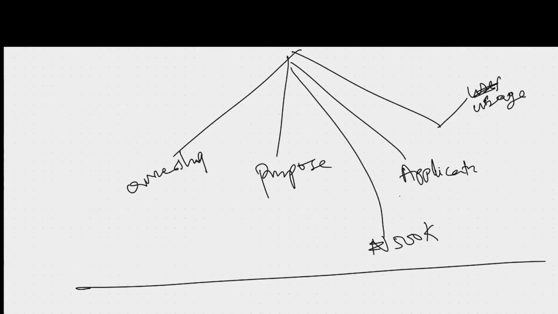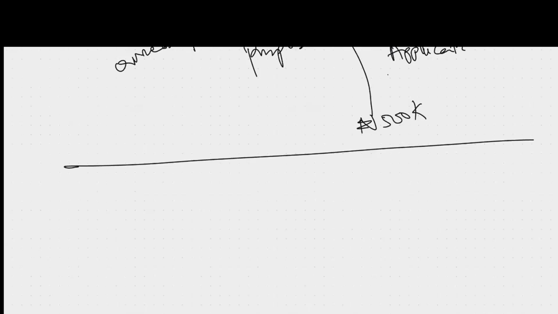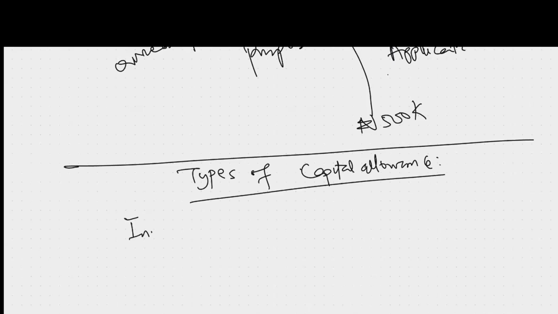Also in my last class, we spoke about the types of capital allowance. I told you basically we have the initial allowance and the annual allowance.